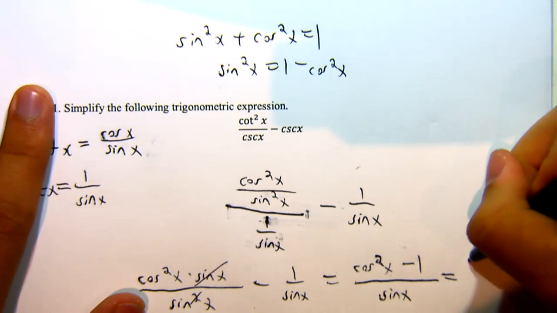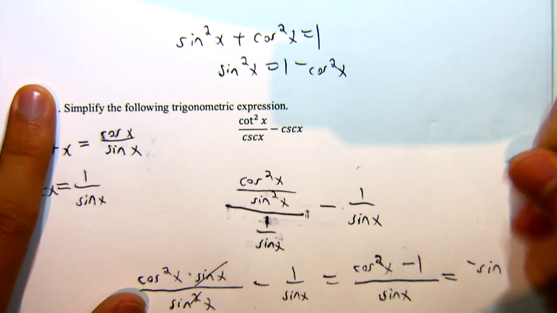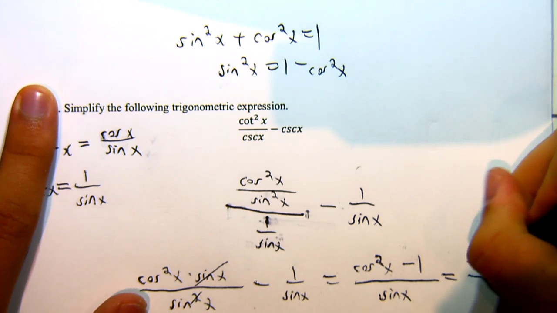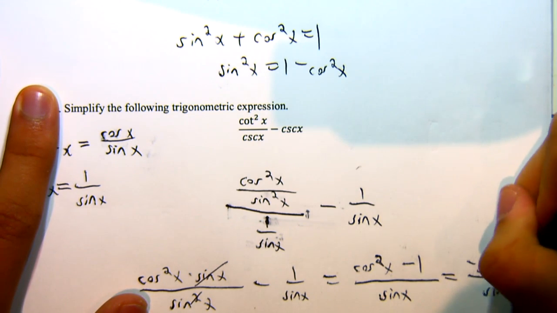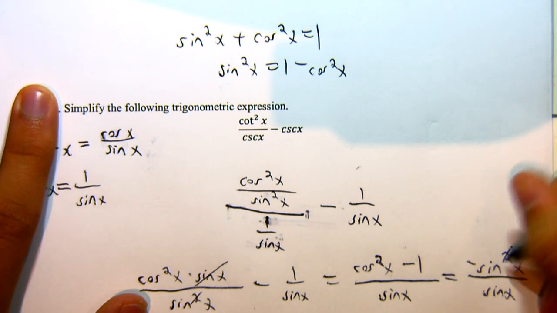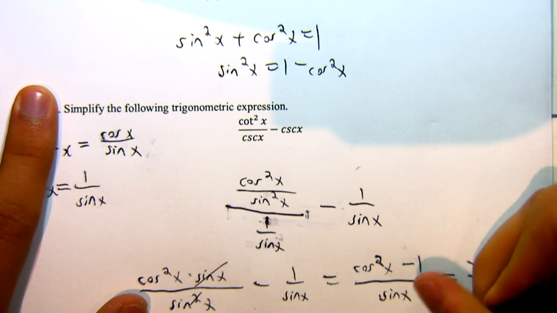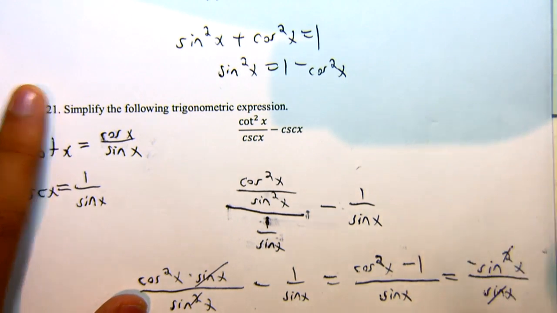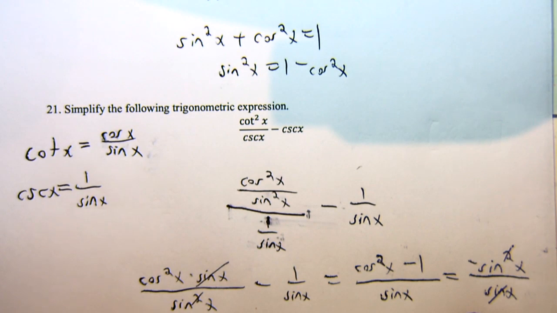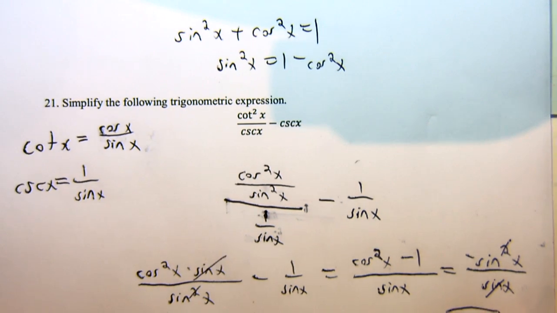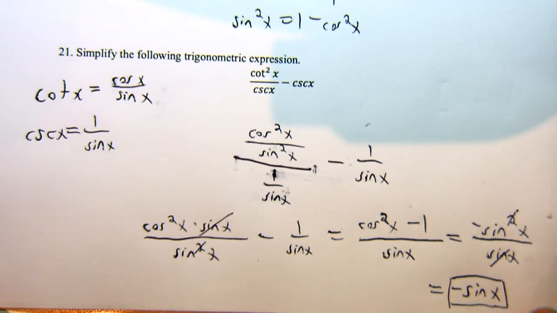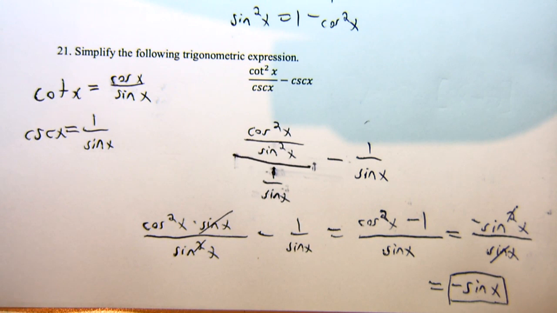So this ends up being negative sine squared of x over sine of x. That cancels. Final answer is going to be negative sine of x. Any questions there? Alright.